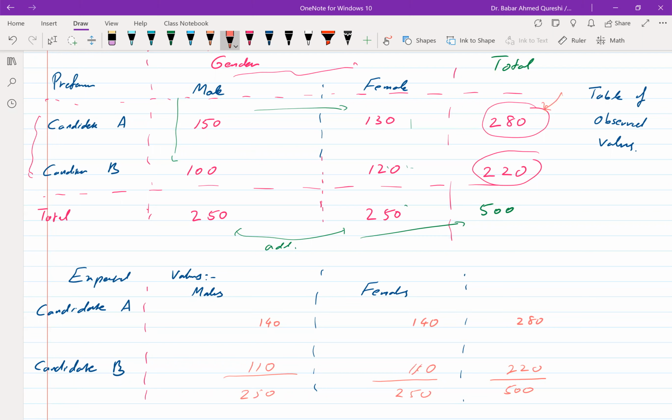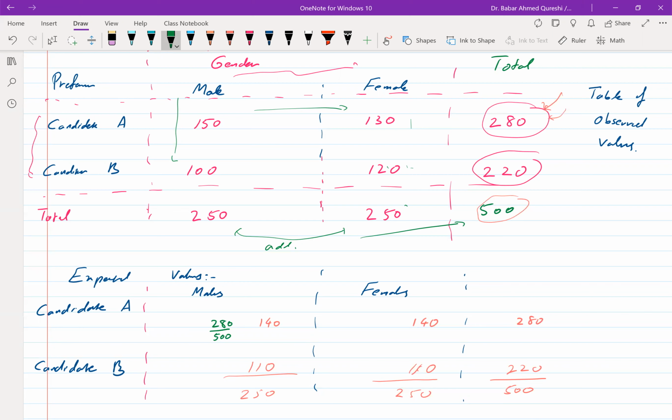So in this case, I very easily got the expected number, but how would you get it in general? I can use this logic: I have 280 people out of 500 preferring candidate A. So the probability of preferring candidate A is 280 out of 500.